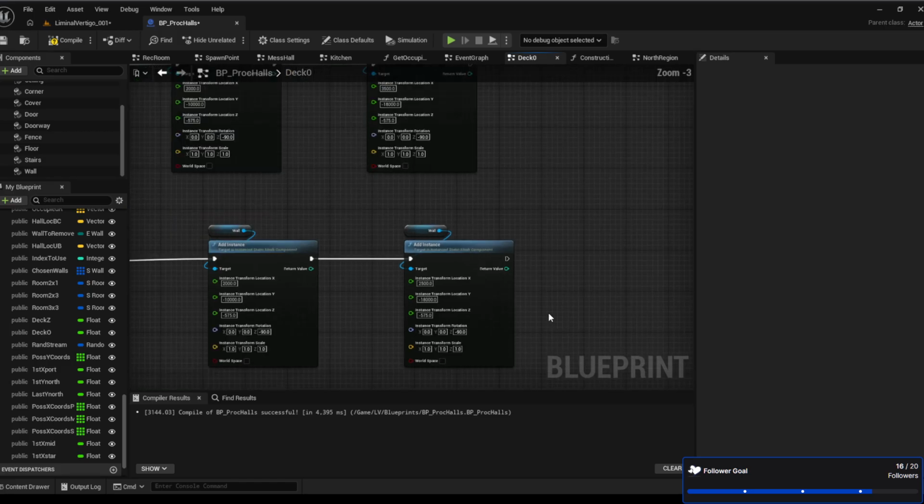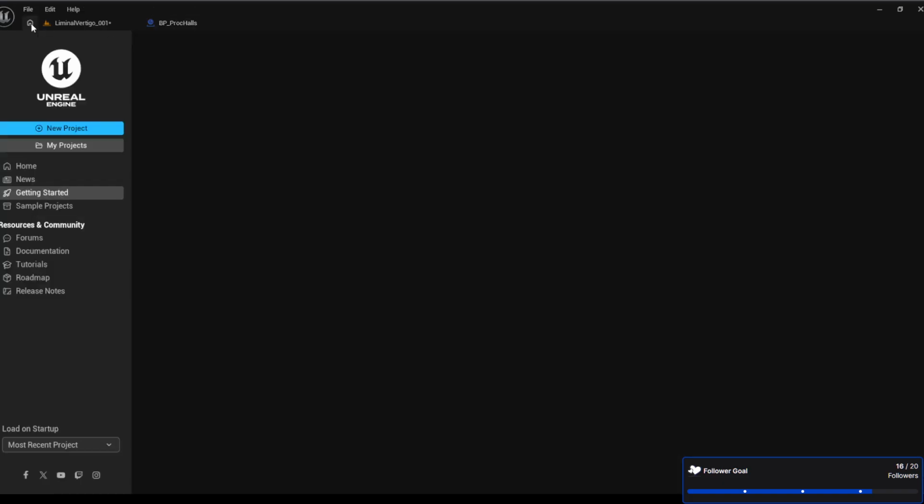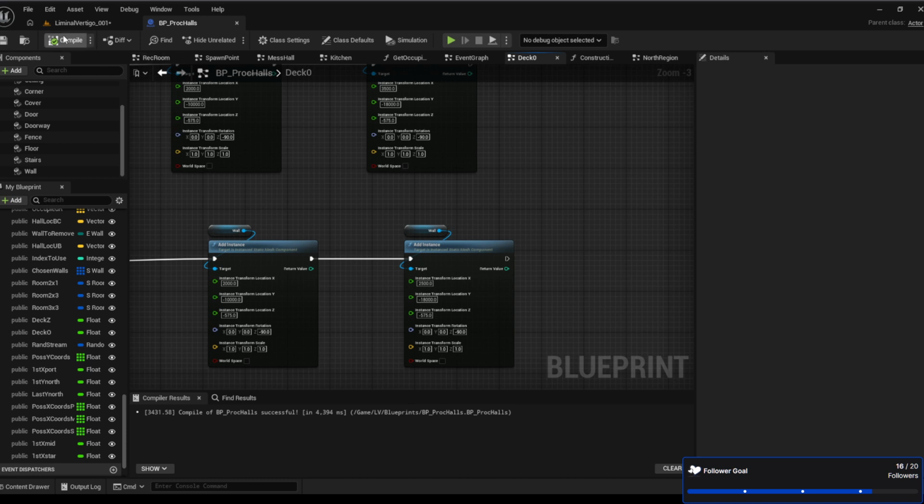Okay, so that should be done completely, just for the placements of the rooms and the blocking walls. But now we need to randomize it.